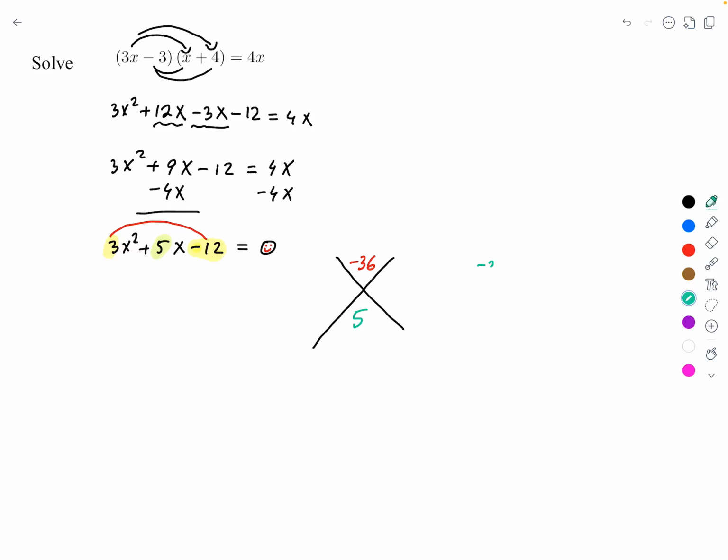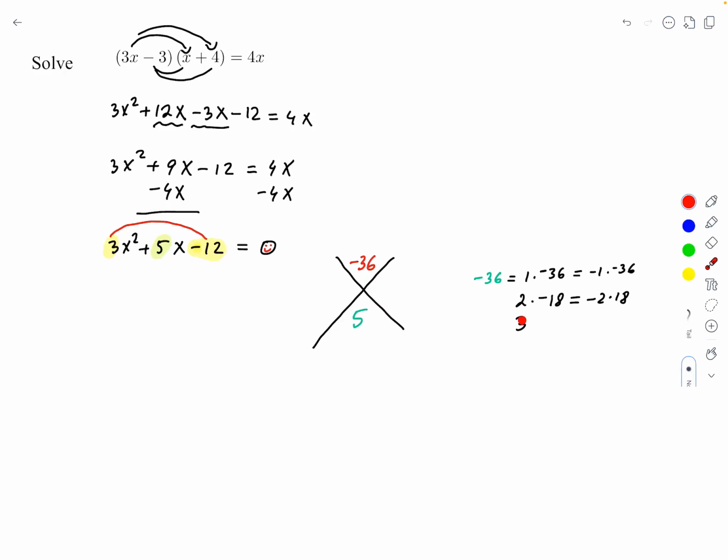So let's start with negative 36. That's equal to 1 times negative 36, or negative 1 times 36. 2 times negative 18, negative 2 times 18, 3, right?